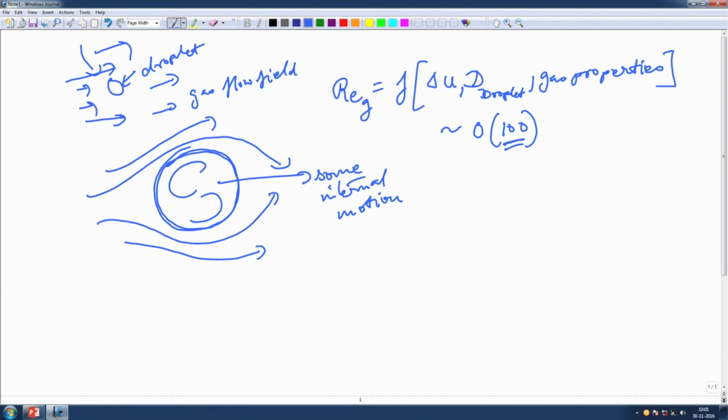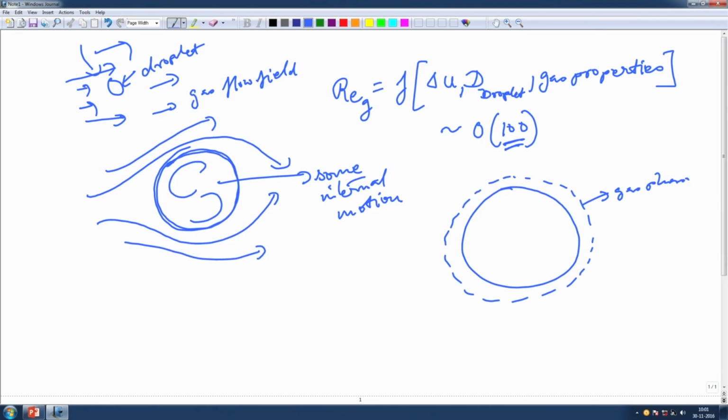Whenever you have a Reynolds number in that region, what do you expect to see? If this is the droplet, you will have some kind of a boundary layer that will develop around the droplet, that is a gas phase boundary layer, right. One will be the momentum boundary layer, one will be the thermal boundary layer, depending on what the gas phase Prandtl number is.